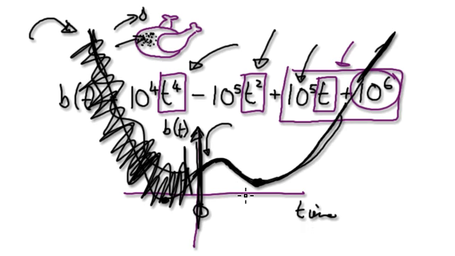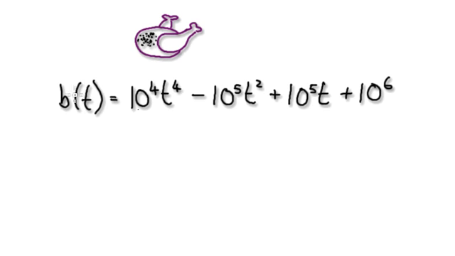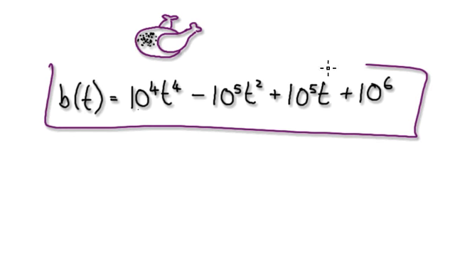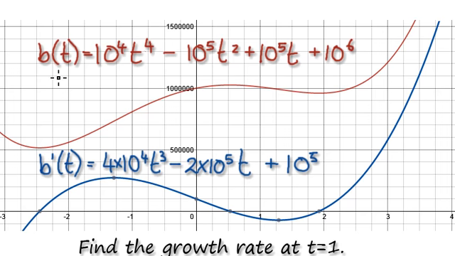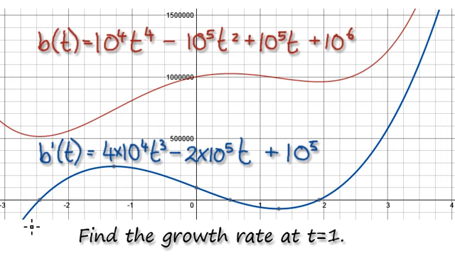Okay, if you sketch this whole graph, it will look like this. And then if you differentiate it, you get this blue line here. Time equals 0 is when we start adding the drop.